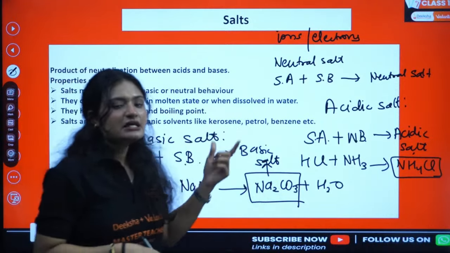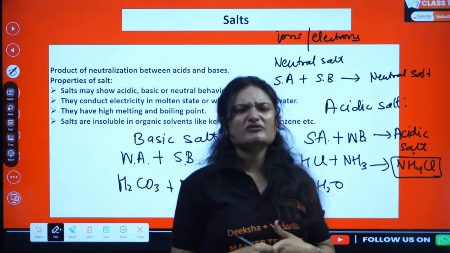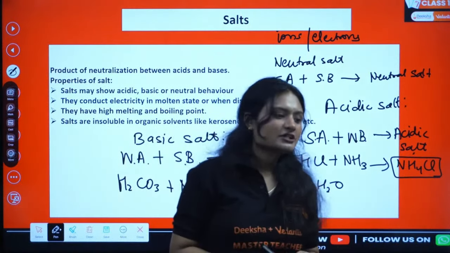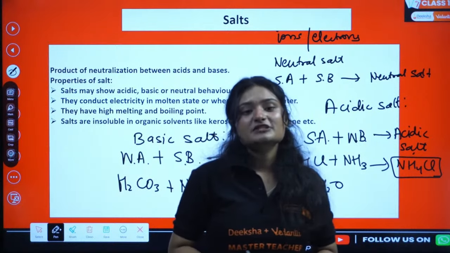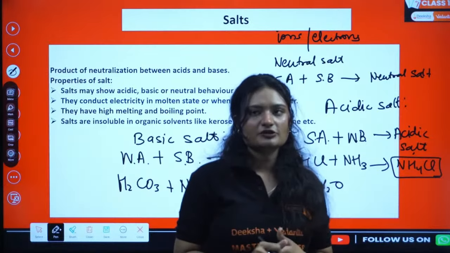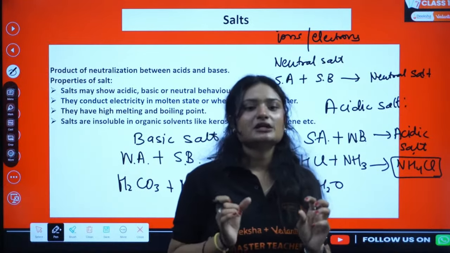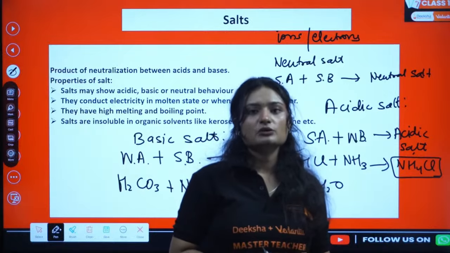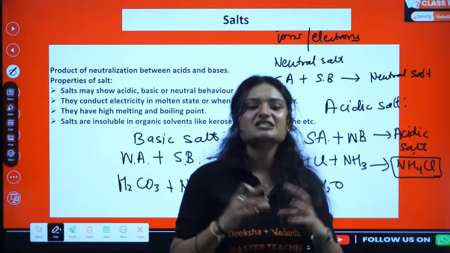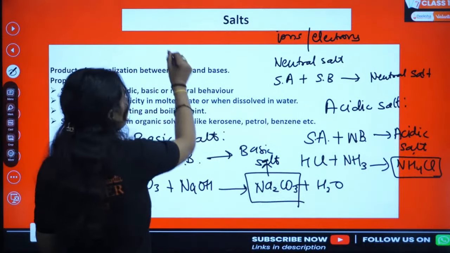What are they soluble in? Since they are polar compounds, they are soluble in polar solvents. Polar solvents mean there are poles in a particular solvent. Sometimes due to the electronegativity difference between two atoms in a compound, charge separation happens. One gets positively charged and the other gets negatively charged.